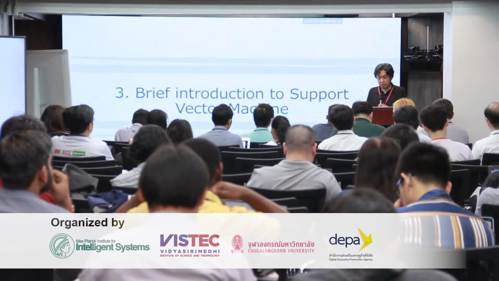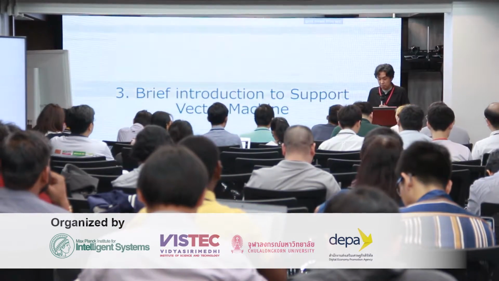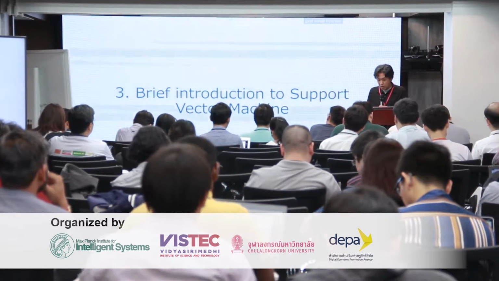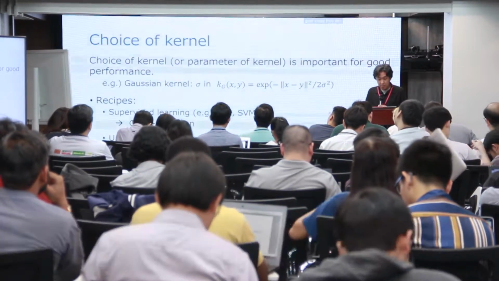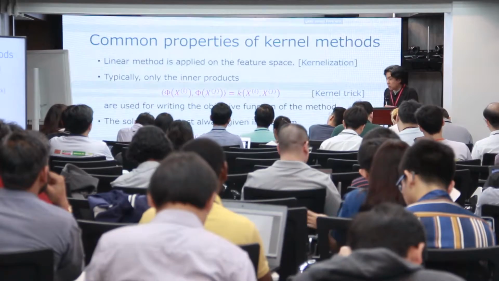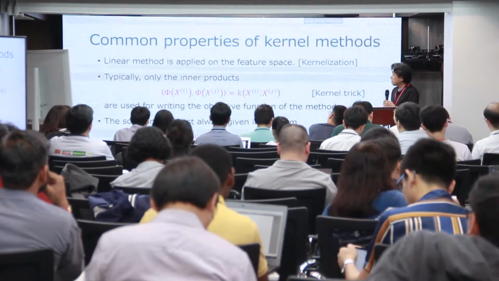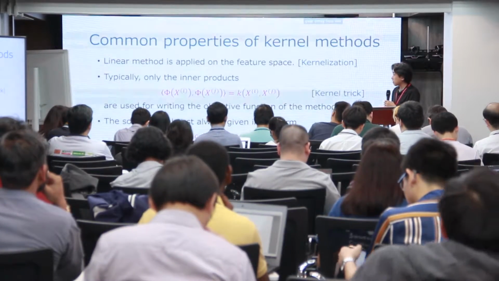Okay, so in the first half, I will explain support vector machine, which is the most popular method in the kernel methodology. And before starting the support vector machine, I will review yesterday's content quickly.